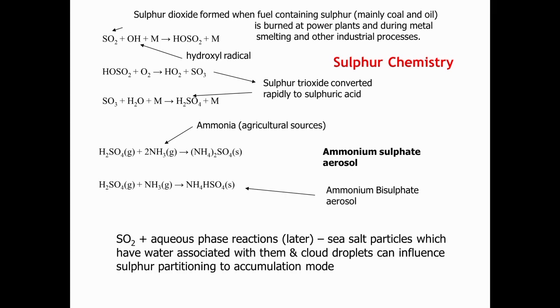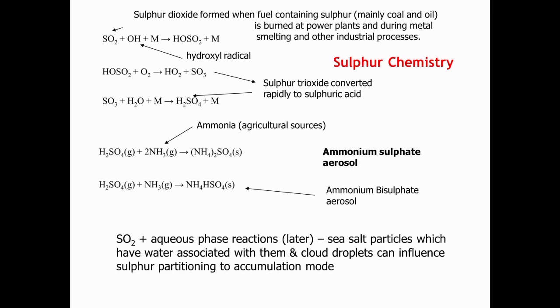So SO2 plus the hydroxyl radical plus M. So what sort of reaction is that? It's a termolecular reaction. So it's a pressure-dependent reaction that depends upon M. So that forms HSO2, and the M is conserved.